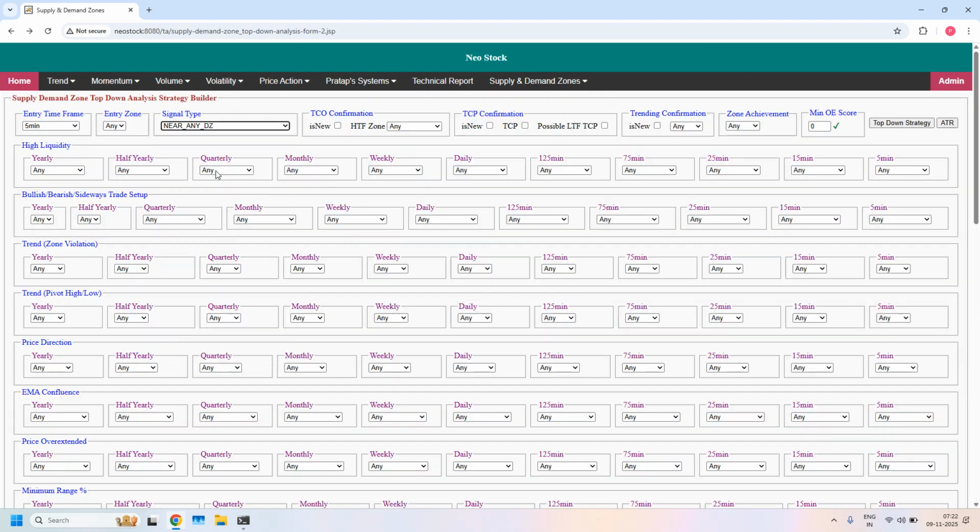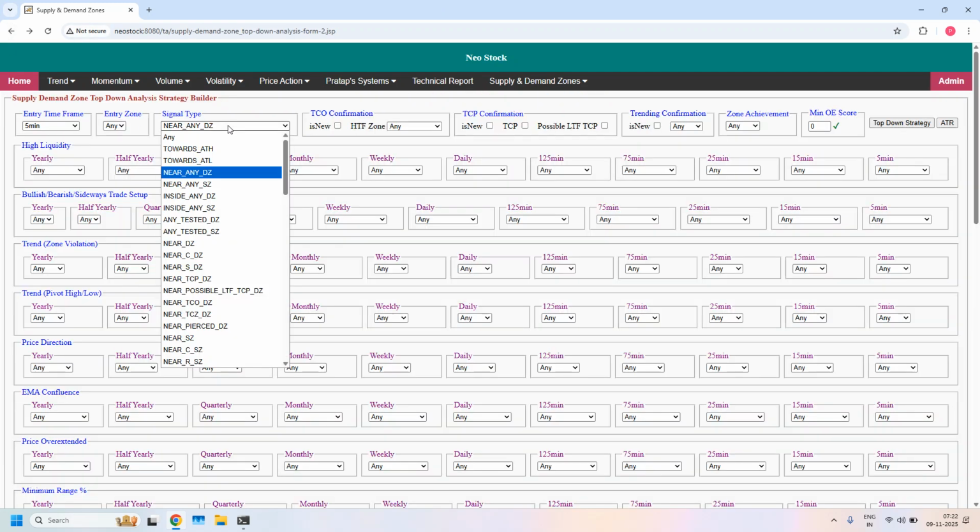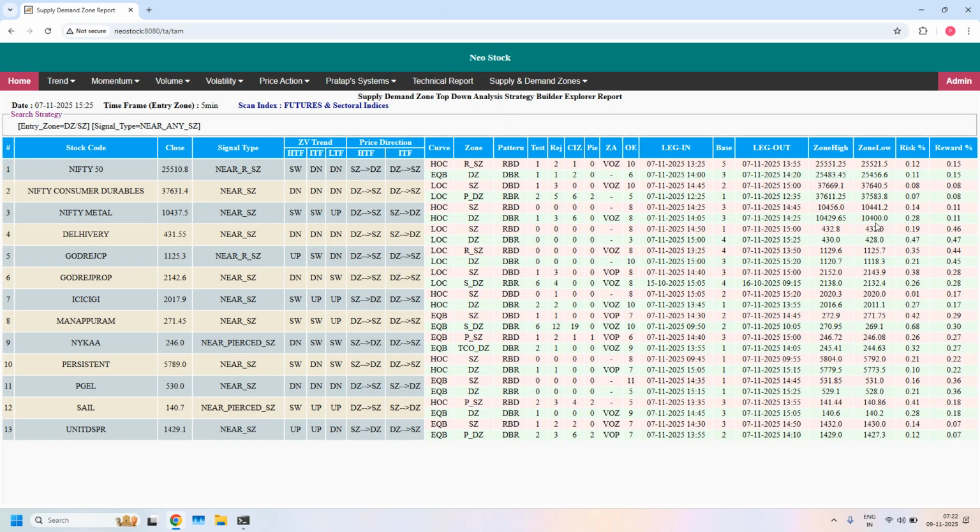Stocks near to the 5 minutes demand zone. We got 8 stocks. Next stocks near to the 5 minute supply zone. We got 13 stocks. So this is about stocks near demand and supply zones for different time frames.